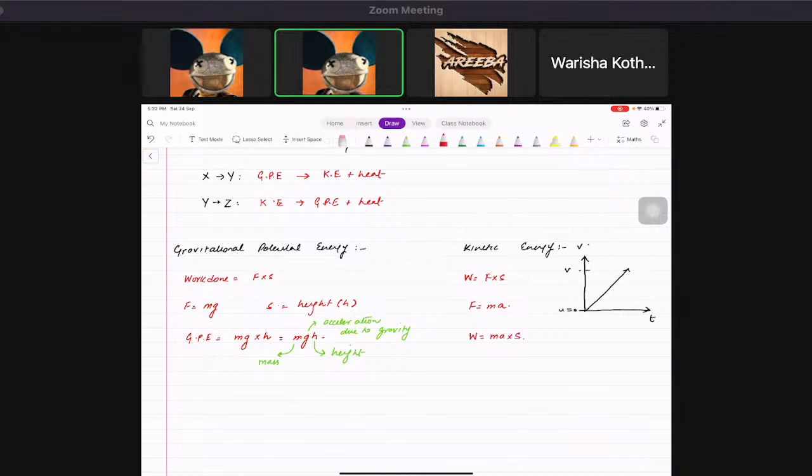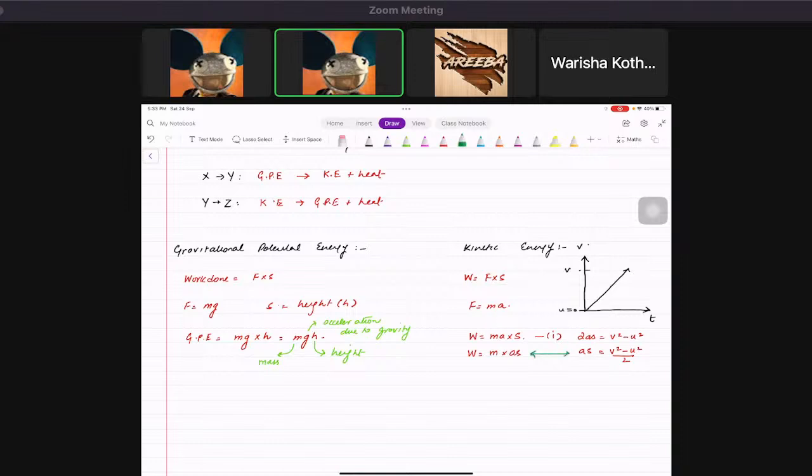Okay, now we'll keep this equation as the first one, and we know from kinematics that 2as is equal to v square minus u square. So as is (v square minus u square) over 2. In this equation, m times as, I can replace these two right here.